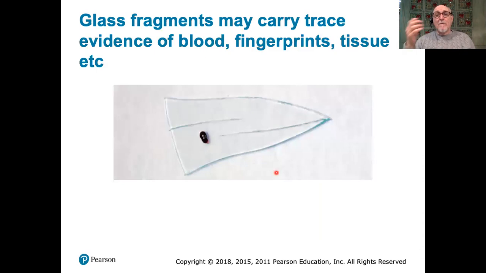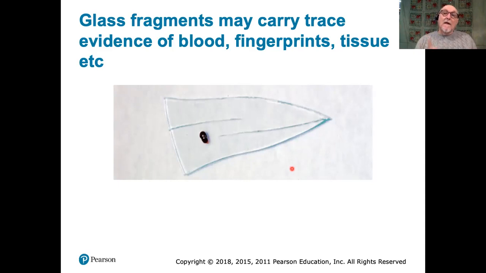The same thing, of course, cannot be said for tempered glass, which shatters into a cloud of pieces, which would be impossible to piece together. But in that instance, where it's obviously not going to be possible to do an individual piecing together, nonetheless, glass fragments need to be collected carefully so that they can be analyzed for density and for refractive index at the very least.